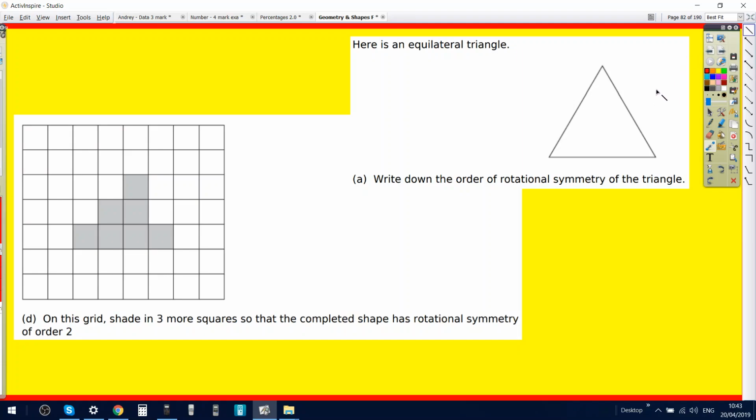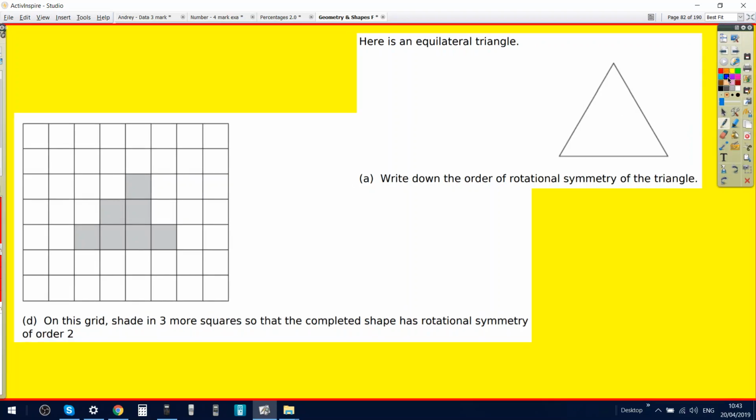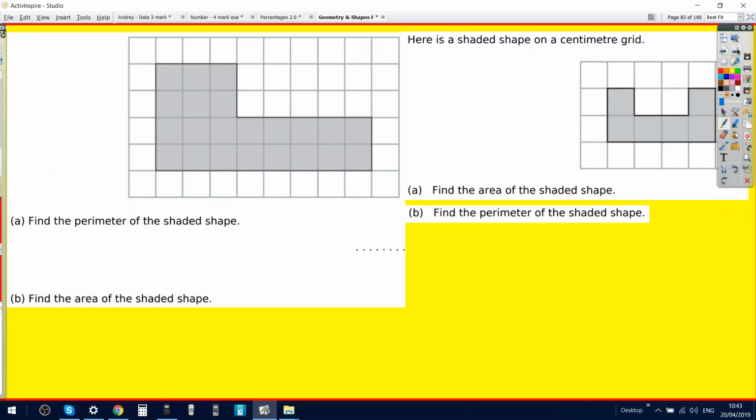How about this one on the right? Is it 3? Yeah. That was 3. How about this one on the right? Find the area of the shaded shape.